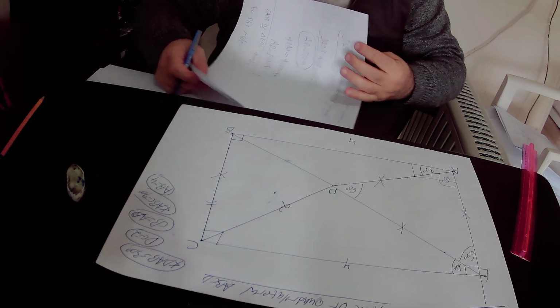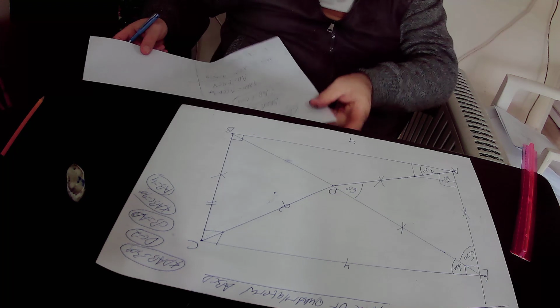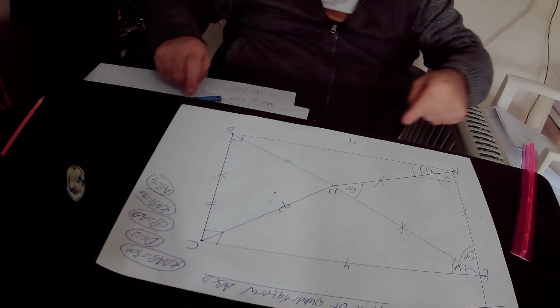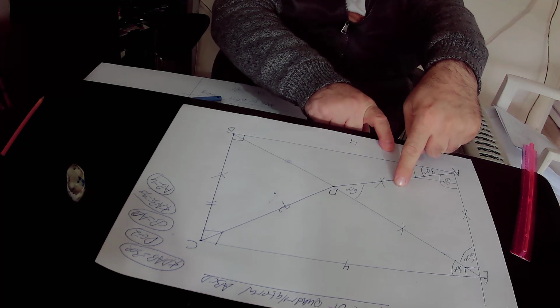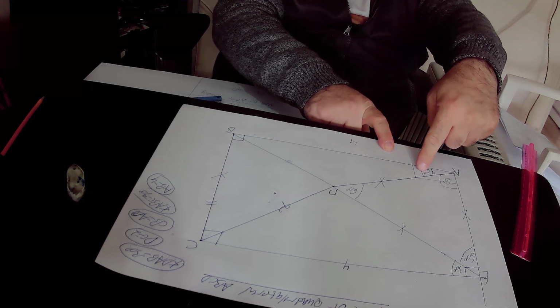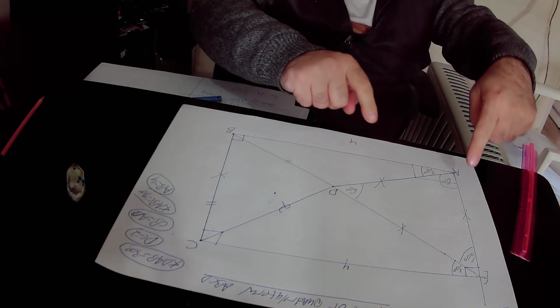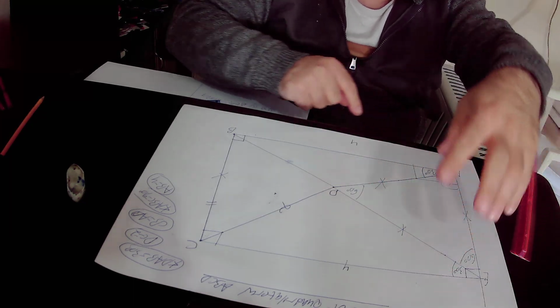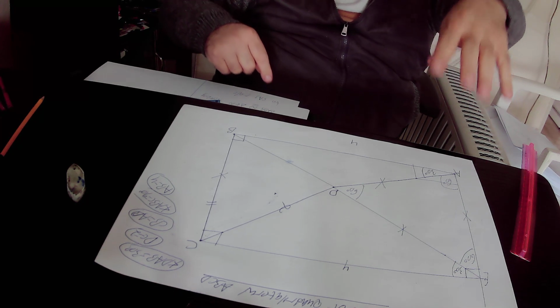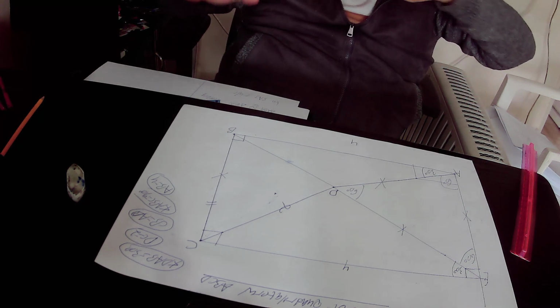Why? Because actually we proved that those two sides and the angle between them in triangle ADB are congruent to those two sides and the angle between them in triangle EDC. Therefore, we prove that those two triangles are congruent to each other according to the side angle side rule.